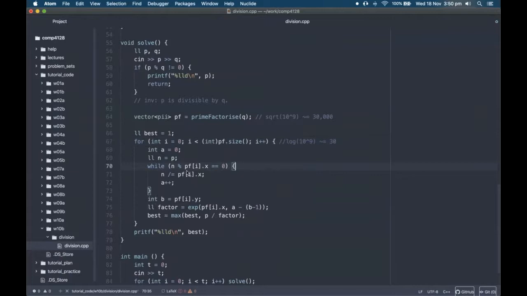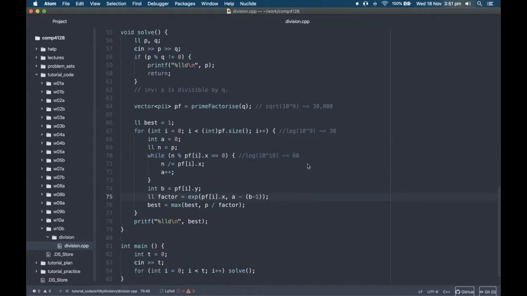Here we have to calculate the power, so we keep dividing it. But as we know, the power of a prime in p is also a log. So this is log 18, and they're doing it in p, not q. So this is approximately equal to 60.